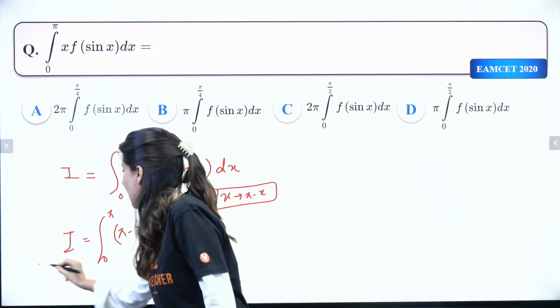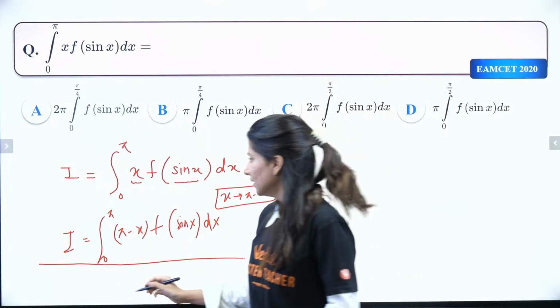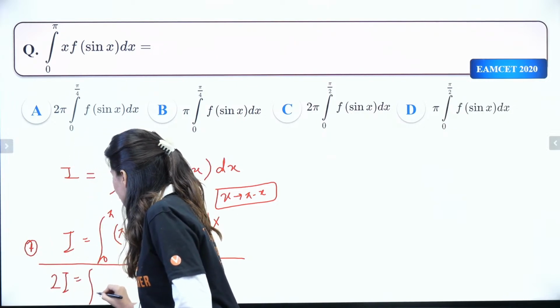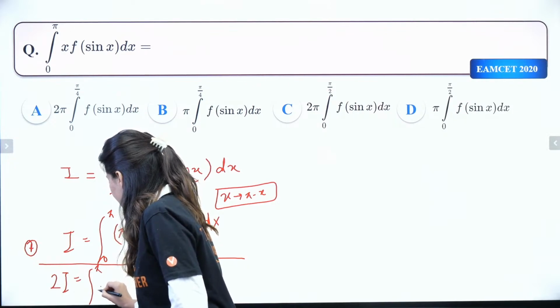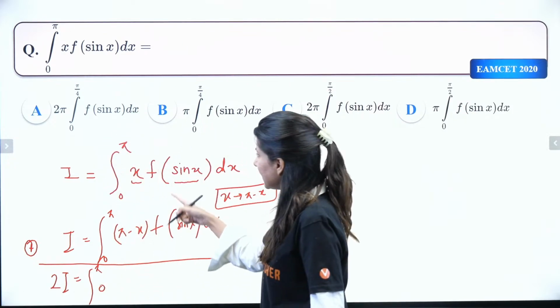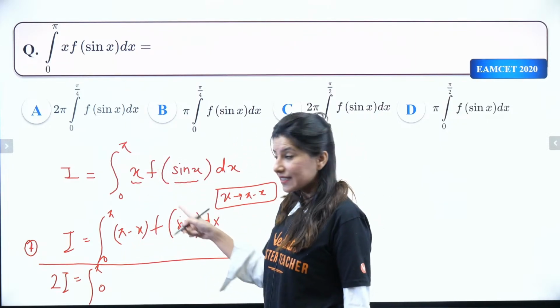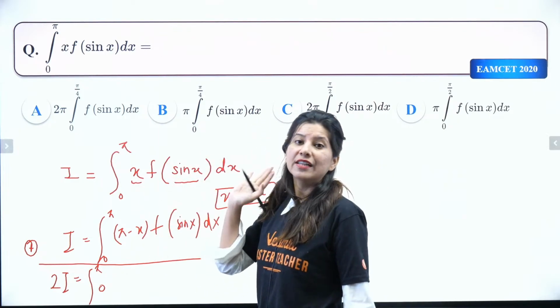After applying King's property, most of the time we are going to add. 2I will be equal to the integral from 0 to pi, this is pi, this is 0, of x f of sin x minus x f of sin x. Can you see, if you add these two, x f and minus x f will get cancelled out?